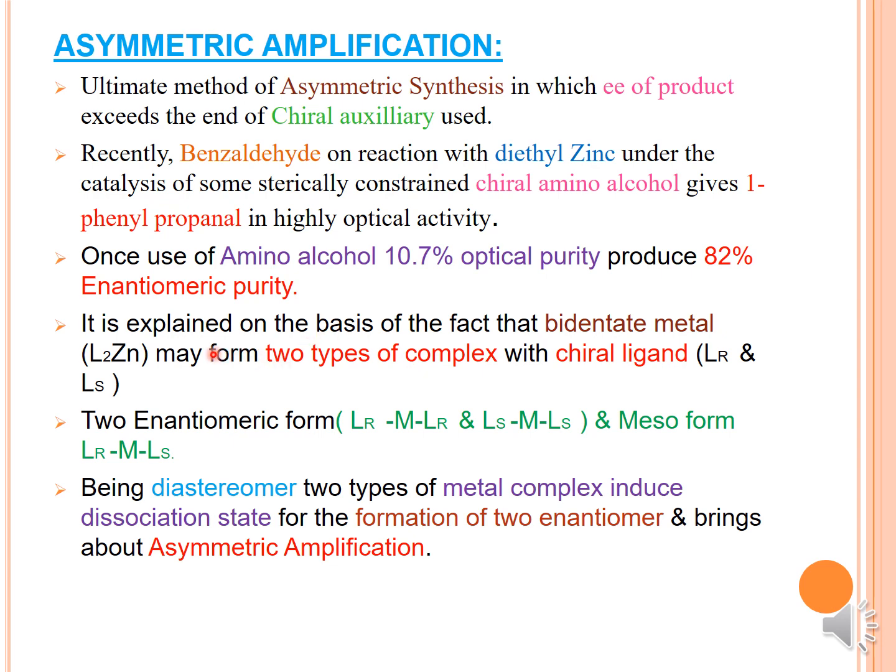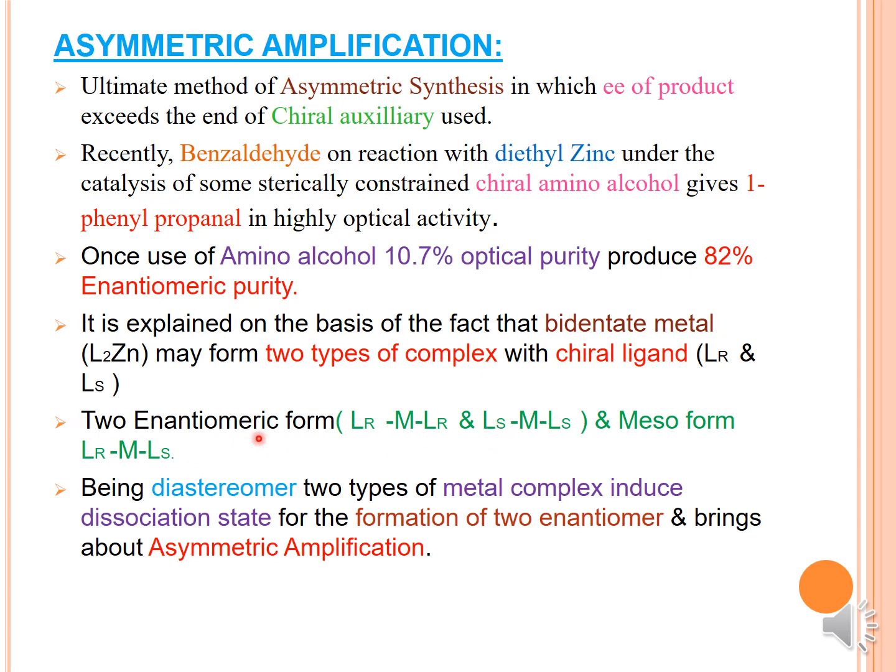Here, it has been explained on the basis of the bidentate metal, that is your L2Zn, okay. We are taking two types of complex formation with the chiral ligand, that is, if you see, LR and LS, okay. If you speak about the enantiomeric forms, it will be LR and LS bidentate metal complexes, and meso forms can also appear over here, like LS.